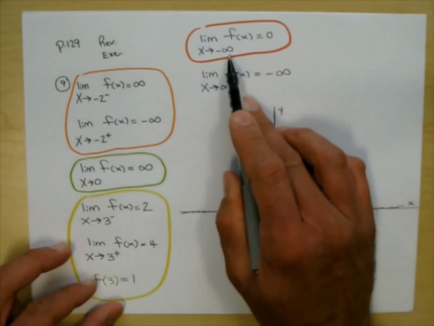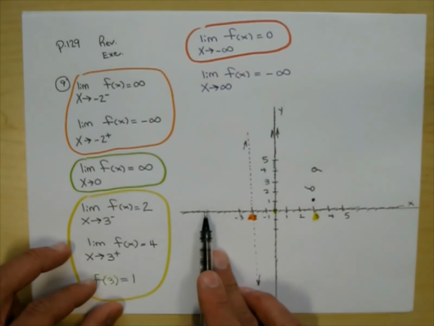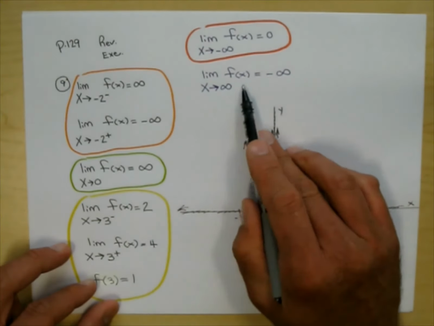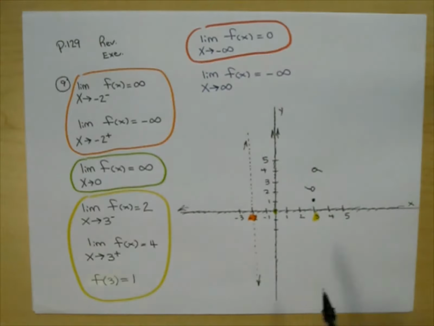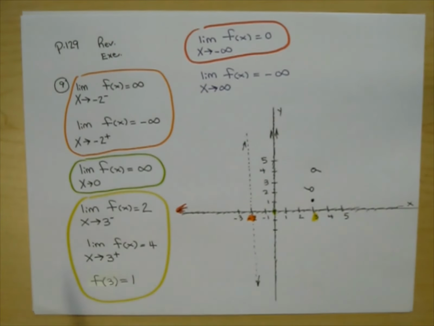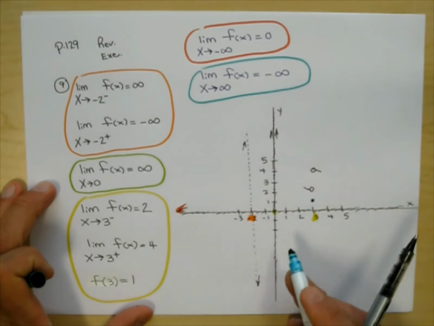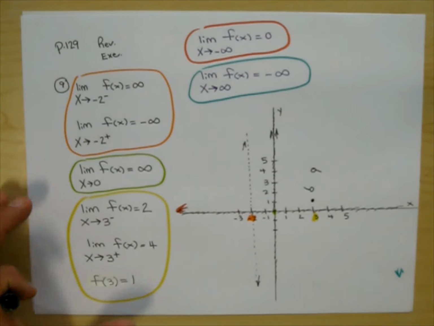And as you're approaching negative infinity, so as you're approaching this way, you're getting closer to this. So I'll just put an arrow there. And as you are approaching positive infinity, the limit is negative infinity, which means the graph's going to be going down there.